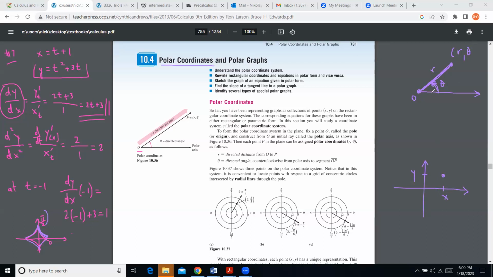For example, if you rotate not by theta, but the other way around, so that's going to be like 360 degrees minus theta. And that's going to be exactly the same point. So r and 360 minus theta. And people don't like to put 360, they always use radians, like 2 pi, right? 2 pi minus theta.